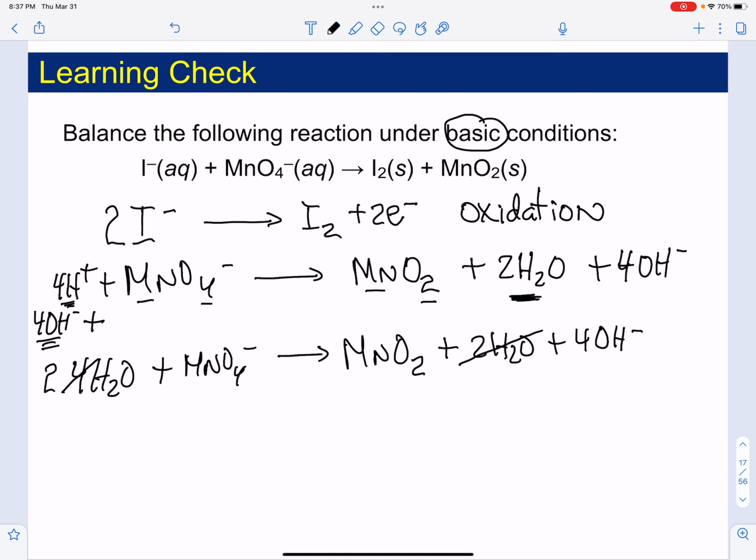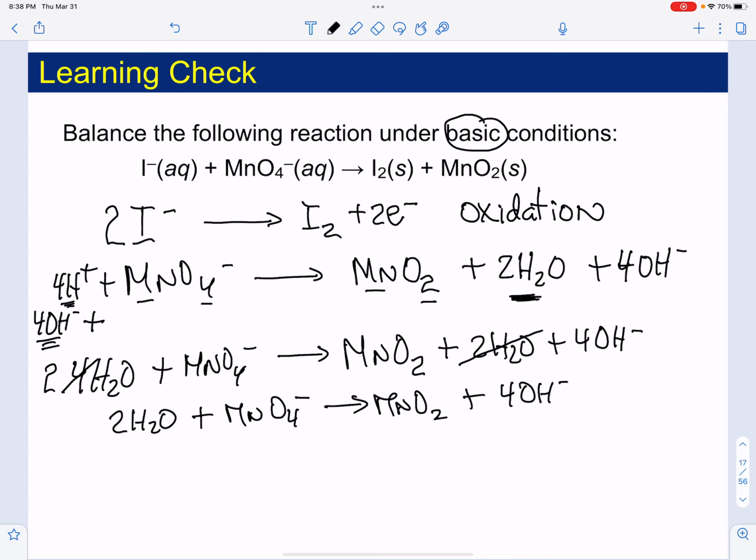So my final equation is going to be 2 waters plus manganese, plus permanganate produce manganese 4 oxide plus 4 hydroxide. As you notice, there's no evidence of acidity. All we have is a basic environment because we have hydroxide.